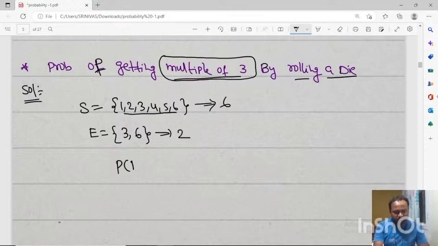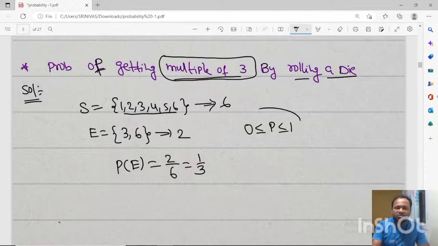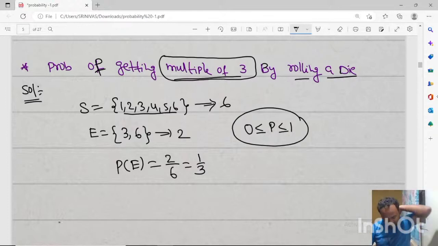So the probability will be 2 out of 6. That means 1 by 3. So remember, probability always should be between 0 to 1 only. 1 by 3 is nothing but 0.33. It lies between 0 to 1.